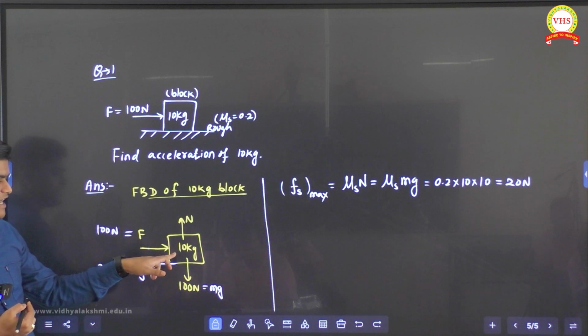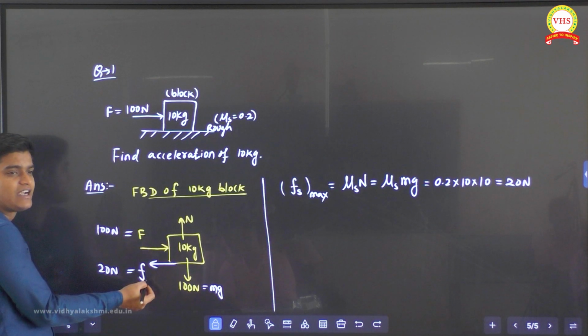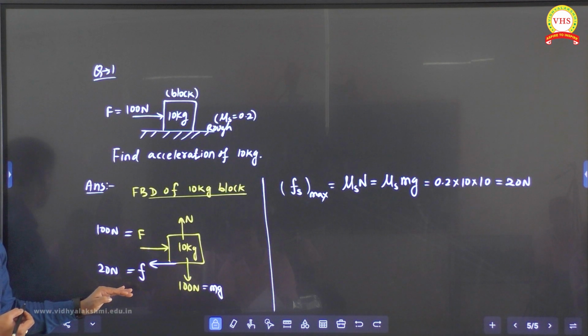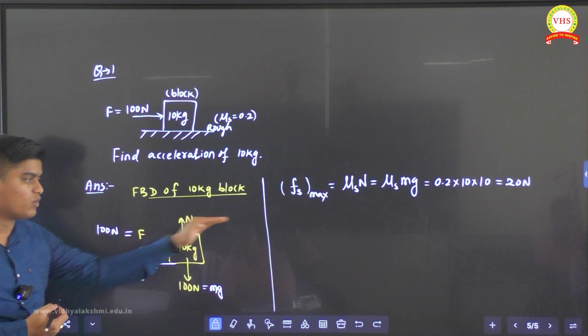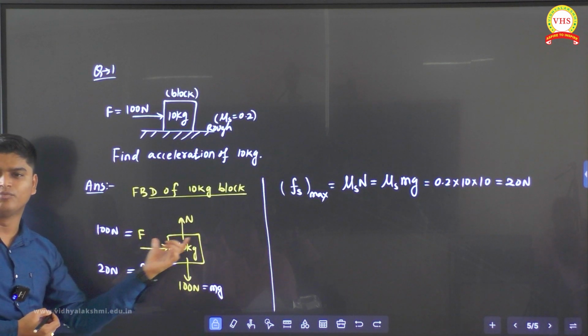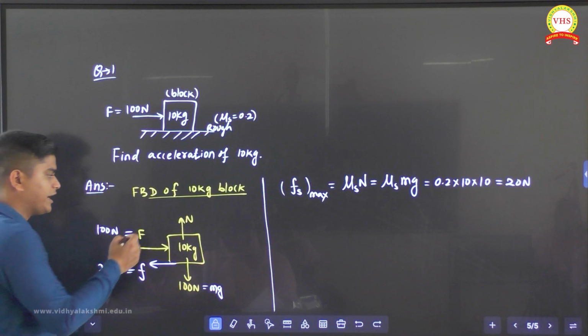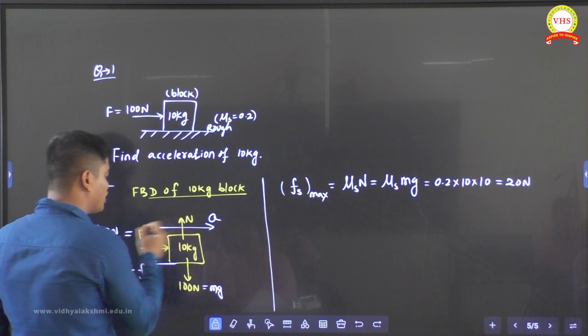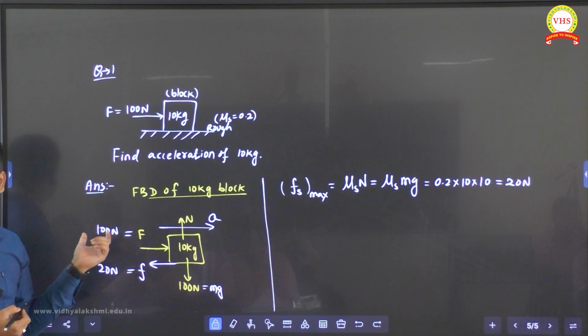On this object, two forces are acting: 100 Newton towards the right and 20 Newton towards the left. The net motion will be in the direction of the 100 Newton force because it is greater.